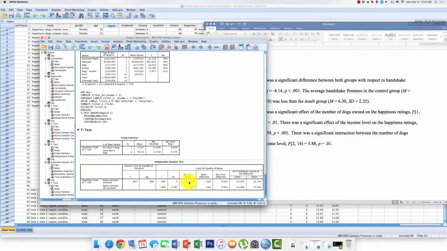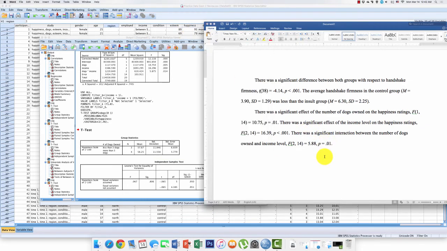So we can see that there's no significant difference for the means for the people who have an income of less than $30,000.